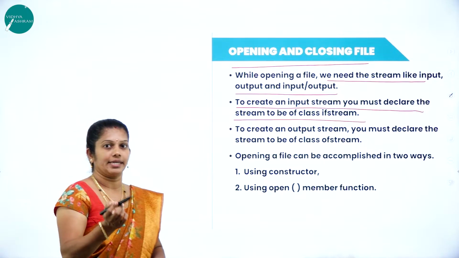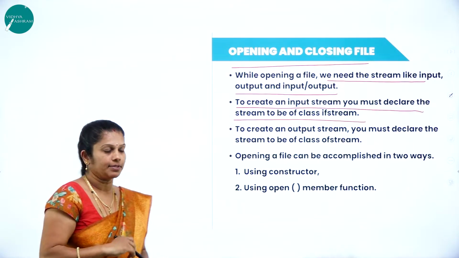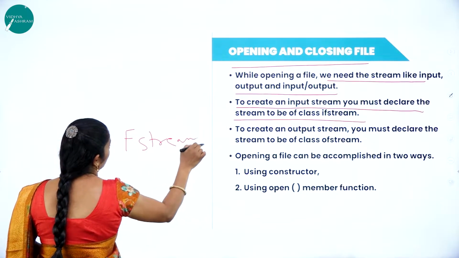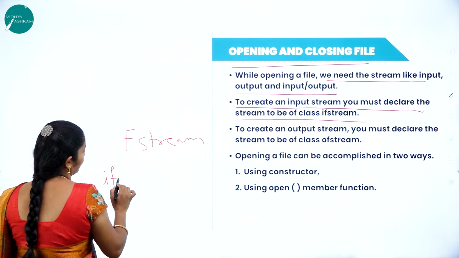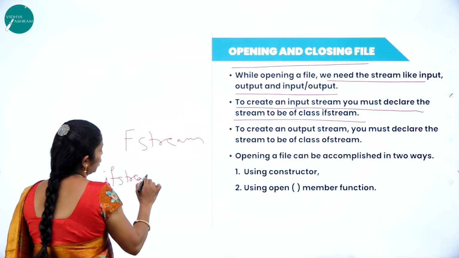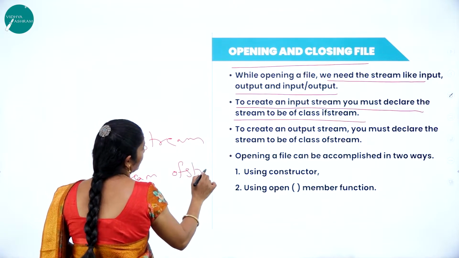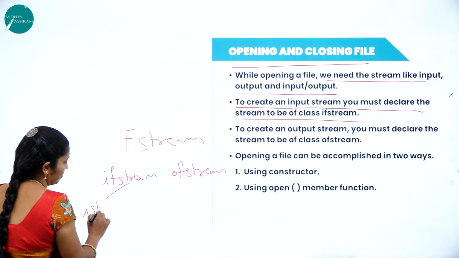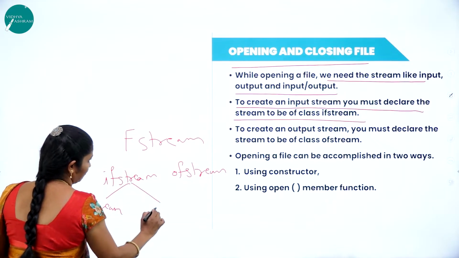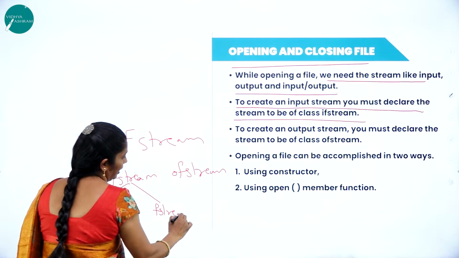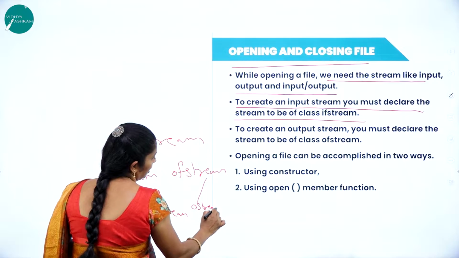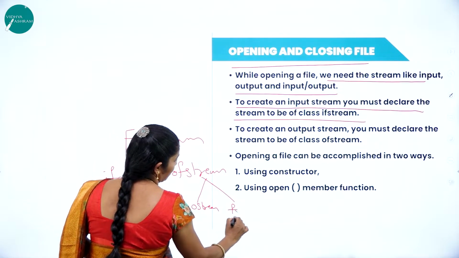Already I told you, in fstream there are two types, whereas fstream includes ifstream as well as ofstream. Whereas ifstream is derived from istream as well as fstream. In the same way, ofstream is also derived from ostream as well as fstream.